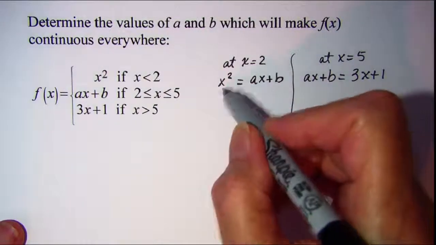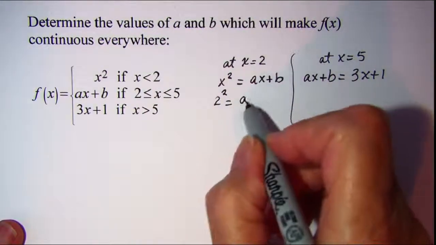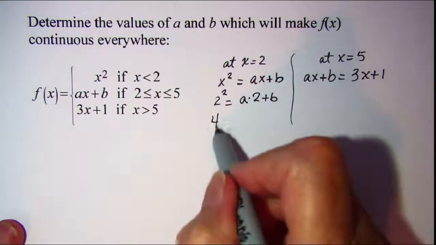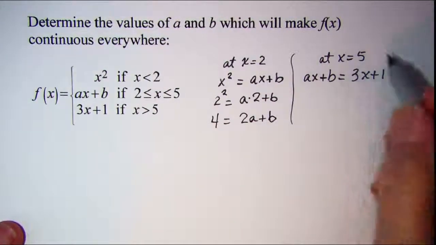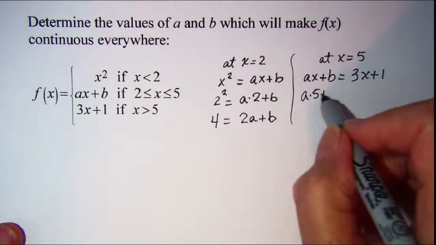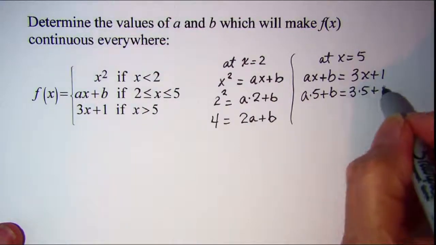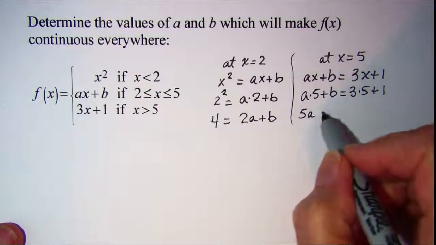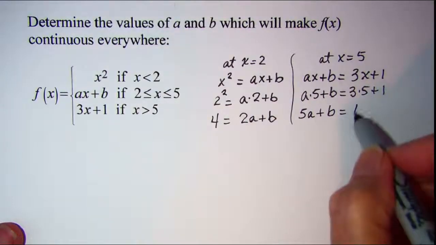X equal 2 on this one gives me 2 squared is equal to a times 2 plus b. So 4 equals 2a plus b. And on this one, when x is 5, we have a times 5 plus b is equal to 3 times 5 plus 1. This one is 5a plus b is equal to 15 plus 1, which is 16.